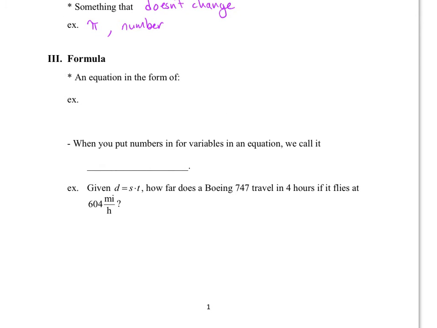So then what is a formula? A formula is an equation, and if you remember, an equation is something on one side equal to something on another side. It is in the form of x equals 5, or A equals pi r squared, or C equals 2 pi r.